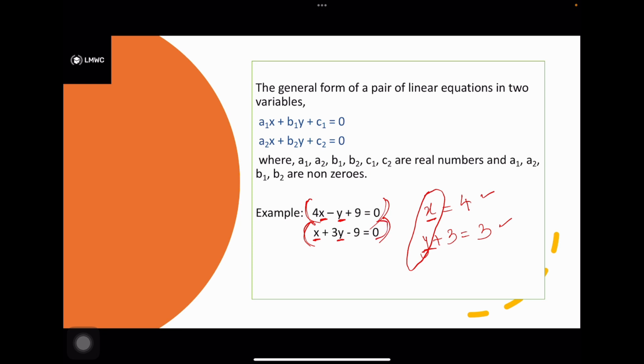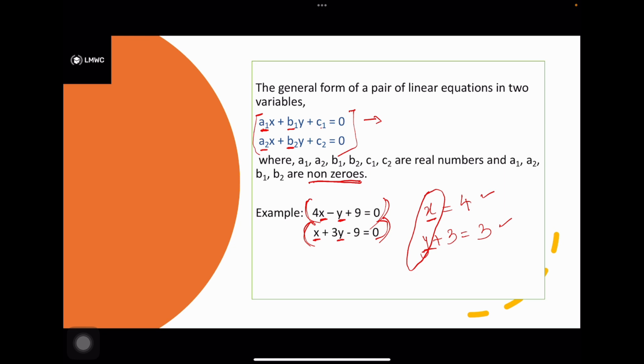So the general form of a pair of linear equations can be represented in this way, where a, b, c are all real numbers, and the coefficient of x, which is a1, and the coefficient of y, which is b1, similarly a2 and b2, can never be equal to 0. They have to be non-zero numbers, all right? Why? Because the moment the coefficients of x and y are 0, this whole equation will not be a linear equation in two variables.